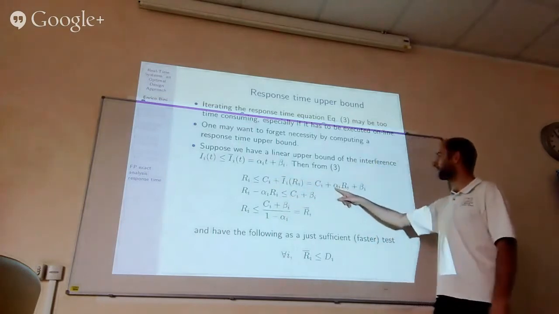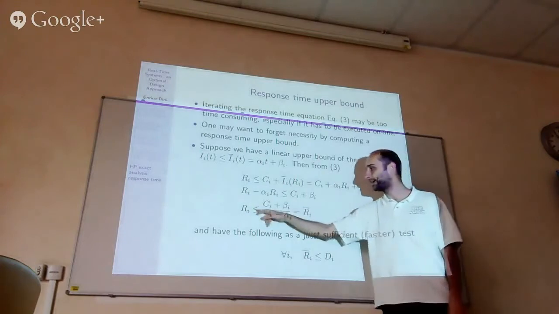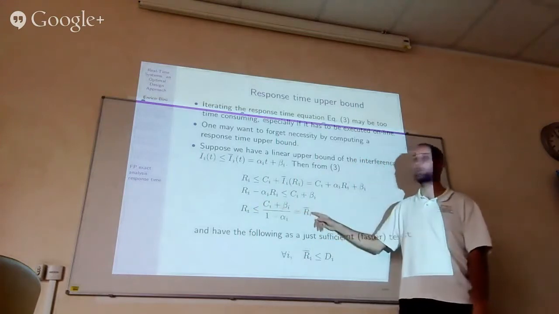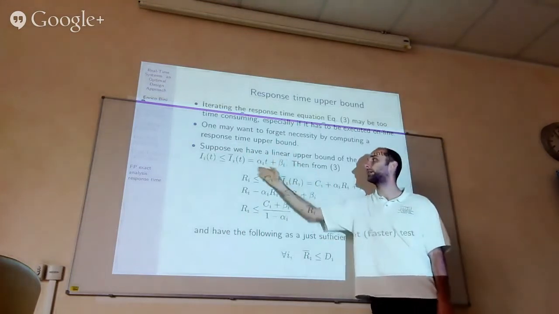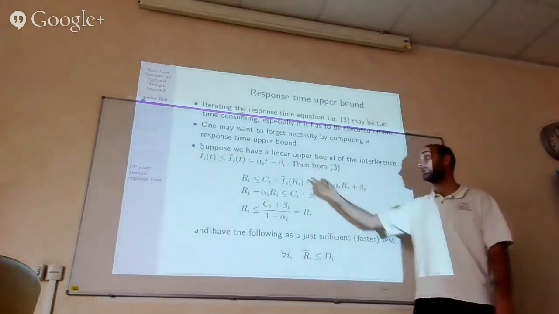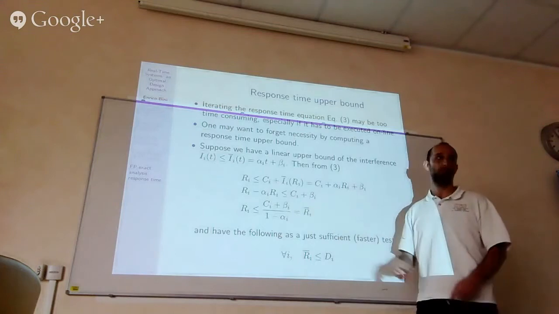I write the upper bound this way, then I can invert and find that Ri is less or equal than this, which I define as a response time upper bound. So if I find a way to upper bound the interference in a linear way, then I have a direct way to find the response time upper bound.